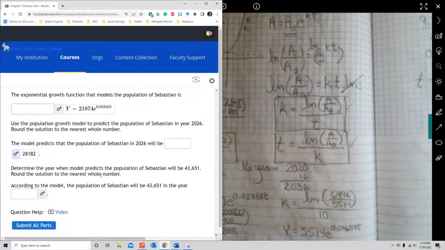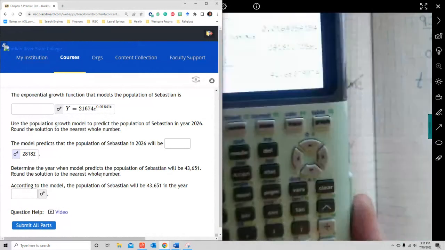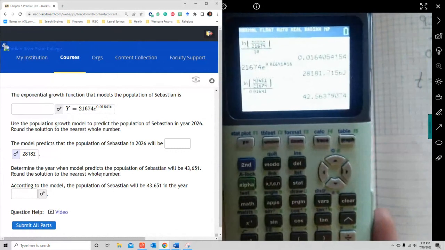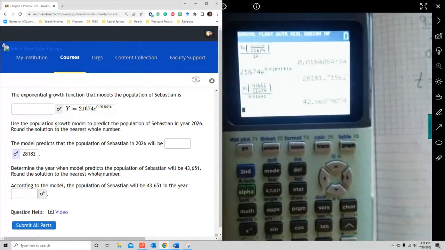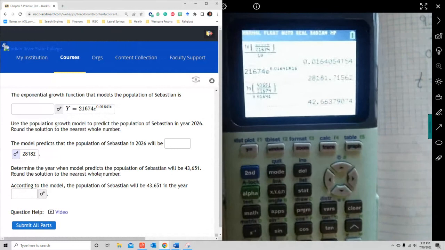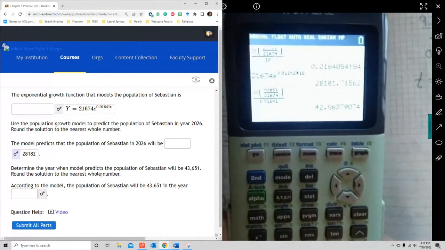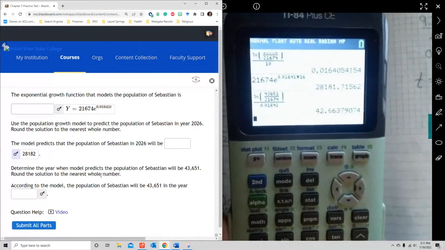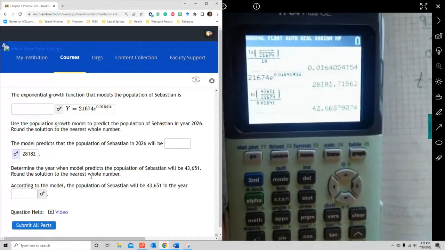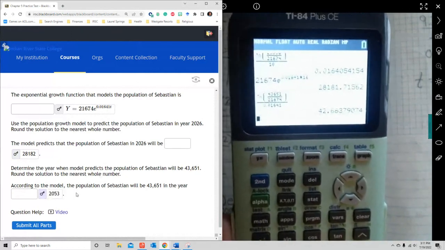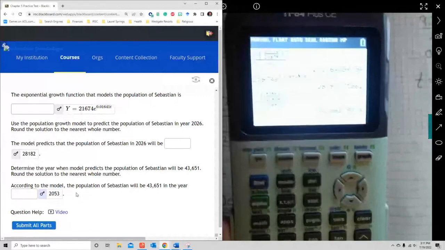And then they're looking for the growth factor of that, which is 0.01641. All right, I got it all in there. That's going to occur 43 years later. Okay, and it says in what year. So what we do is take 2010 and add 43, and then get the answer of 2053.